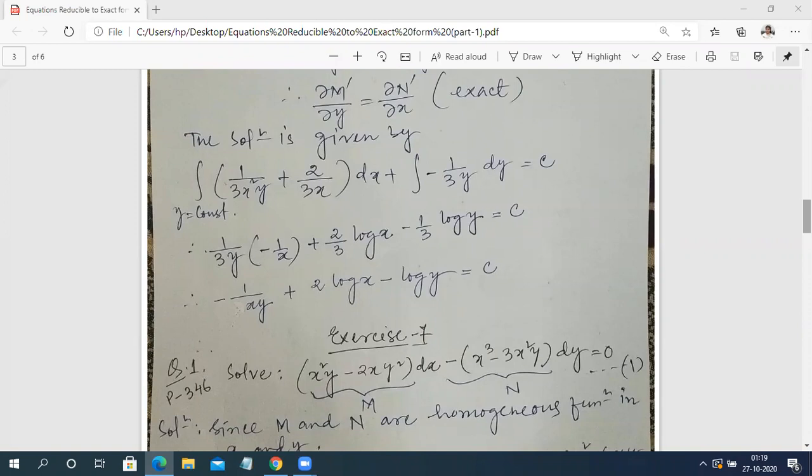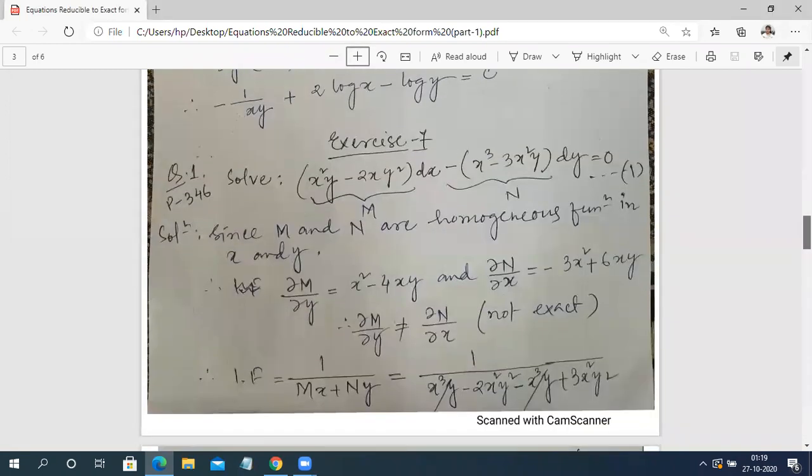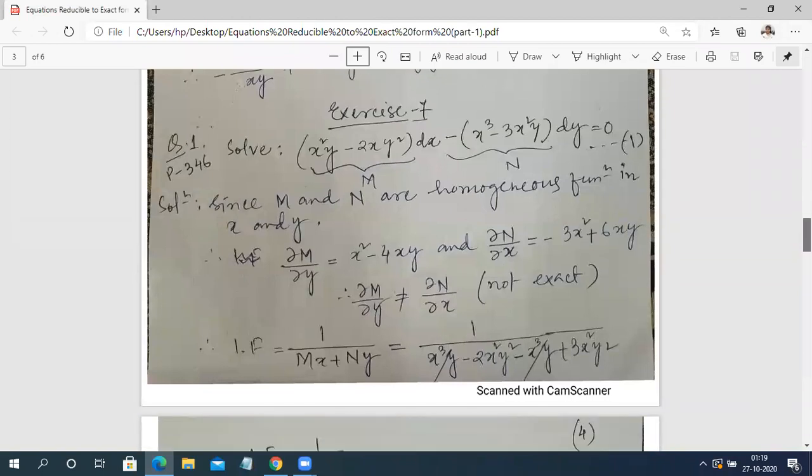Now we will do some questions from exercise 7 given on page number 346. This is the equation. Solve (x square y minus 2x y square) dx minus (x cube minus 3x square y) dy equal to 0.